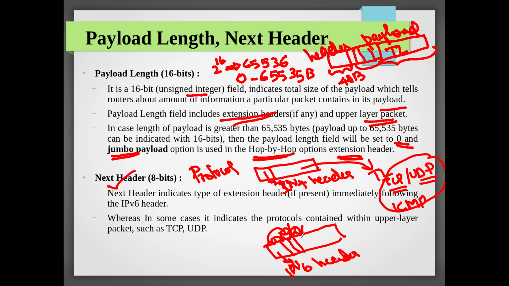And at some point there will not be any extension header, and at that time it will contain the protocol number of the payload. Suppose only two extension headers are there; then the payload will be either TCP or UDP, or network layer information, anything. What is the actual payload?